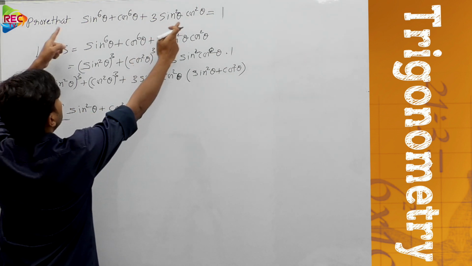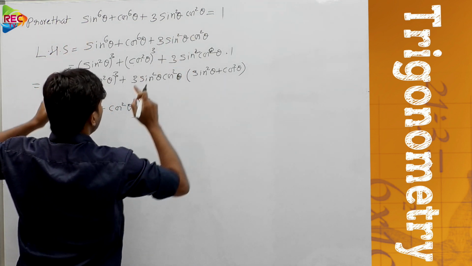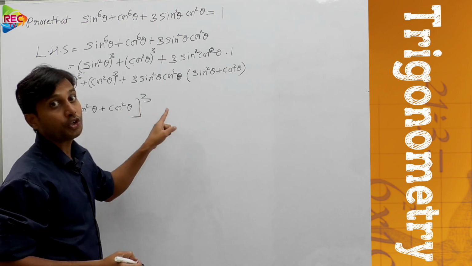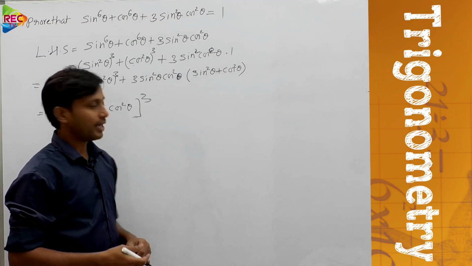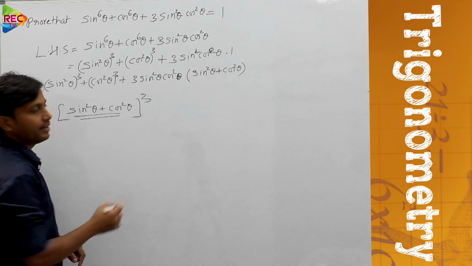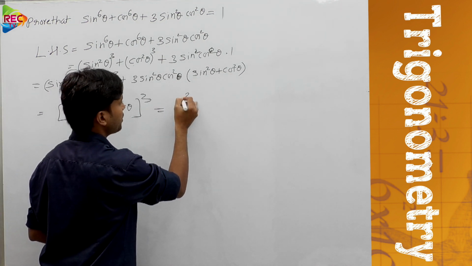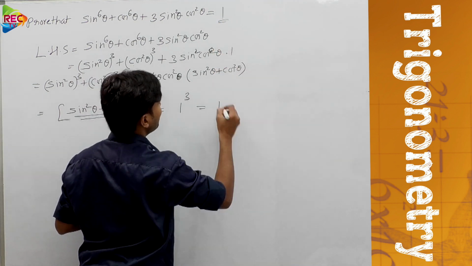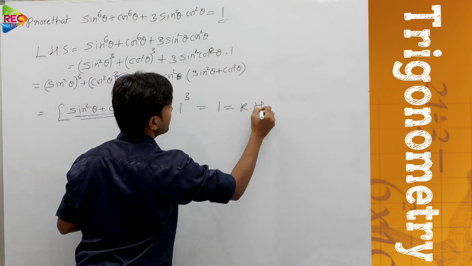So the given expression on the LHS is an expansion of (sine square theta plus cos square theta) whole cube. Right? So what is the value of sine square theta plus cos square theta? Again 1 only. So this is 1 cube, which is 1 itself. So we obtained the RHS. Therefore, we proved it.